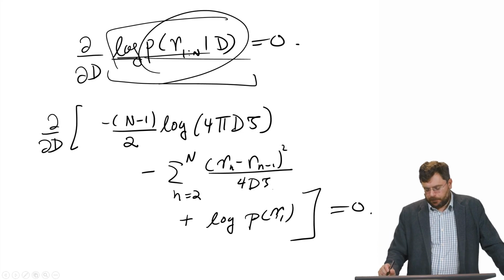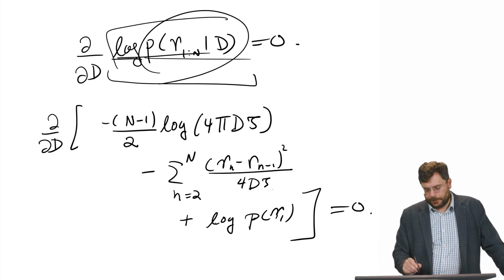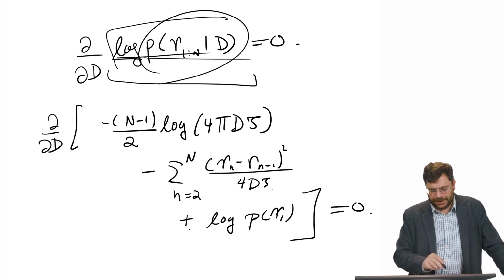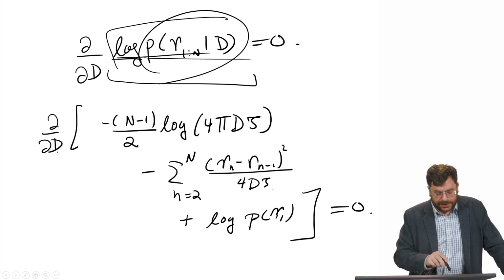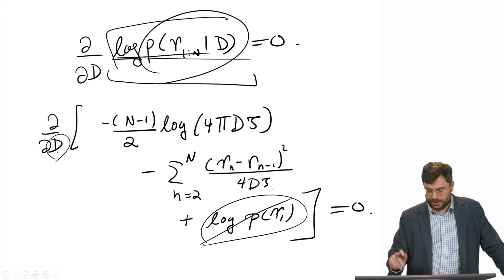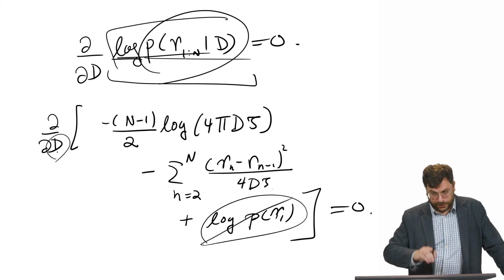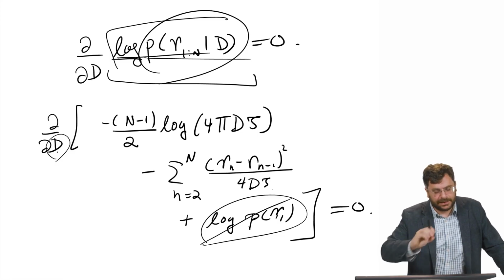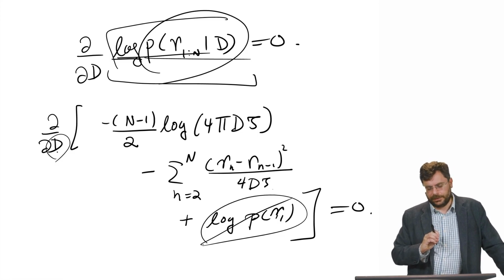Well, something interesting is going to happen. If I take a derivative with respect to the diffusion coefficient of the initial condition, that gives me 0, because the initial condition does not depend on my diffusion coefficient. I start off at some initial condition, and then where I go next depends on my diffusion coefficient.